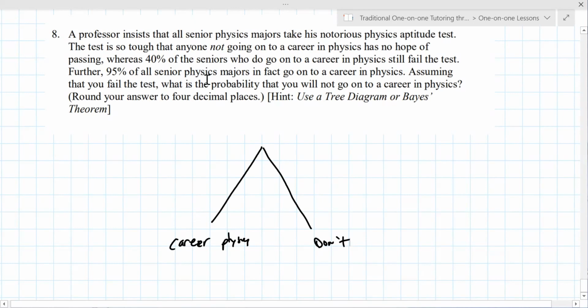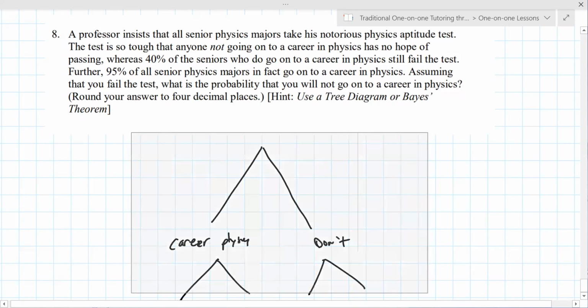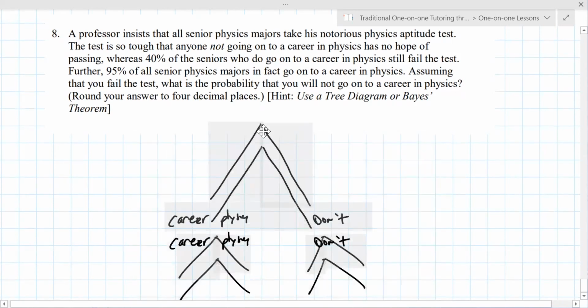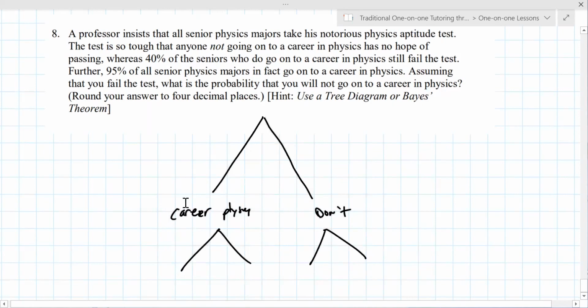Furthermore, all senior physics... Yeah, this is so awkward. Let me move this up slightly so we can see all the numbers here. Once we get the numbers, it's very straightforward. So career in physics, don't have a career in physics, and then pass, and then fail, pass, and then fail.